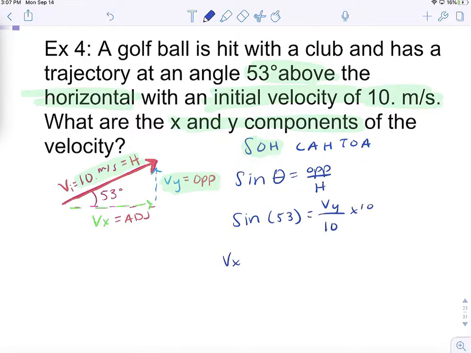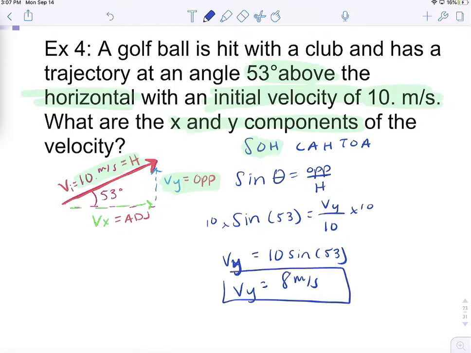Multiply by 10 on both sides to get Vy by itself. So this is what I will type in the calculator. When you do so, you get that the y component is 8 meters per second, which maybe you also noticed this was a trig triangle. You could have maybe done this in your head without trig if you noticed that, but not necessary.